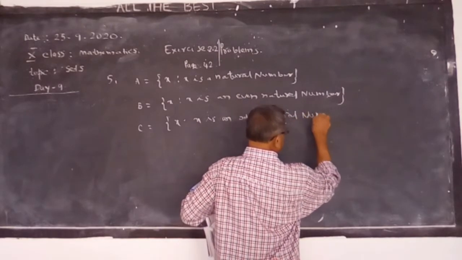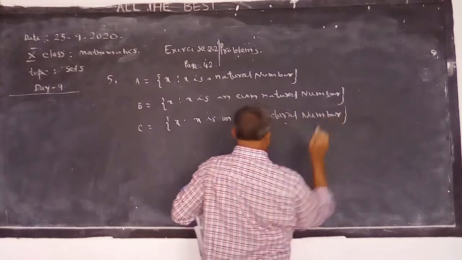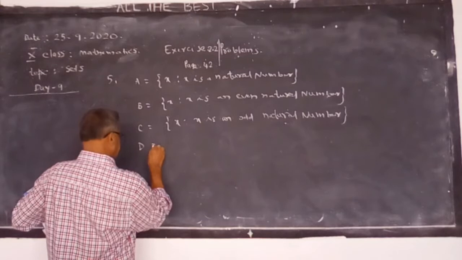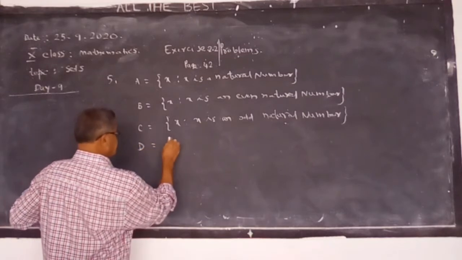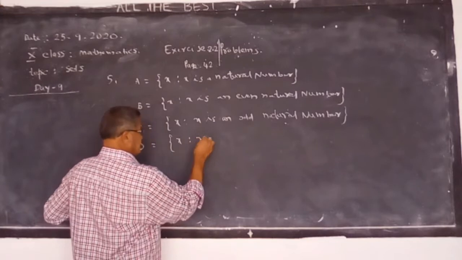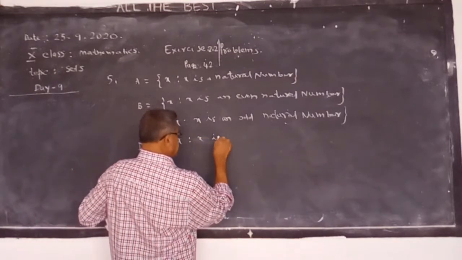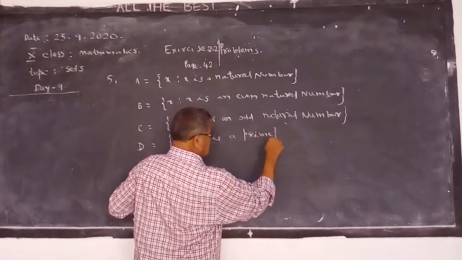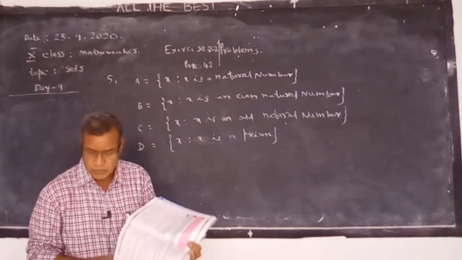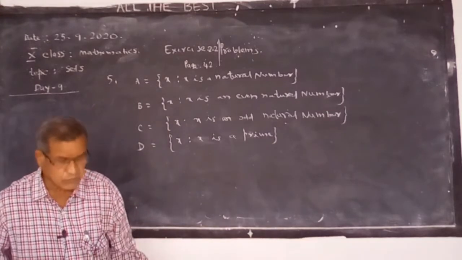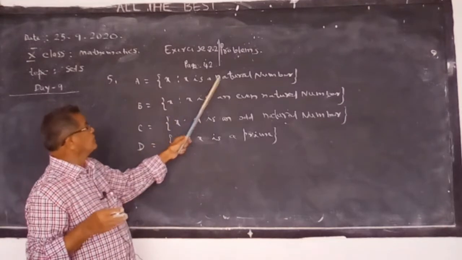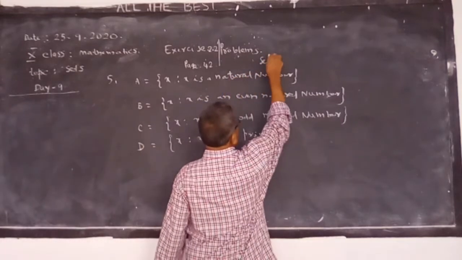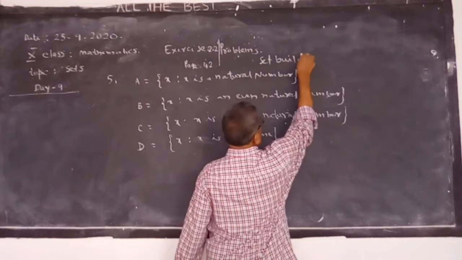And D: X is a prime. So here the sets are given in set builder form.